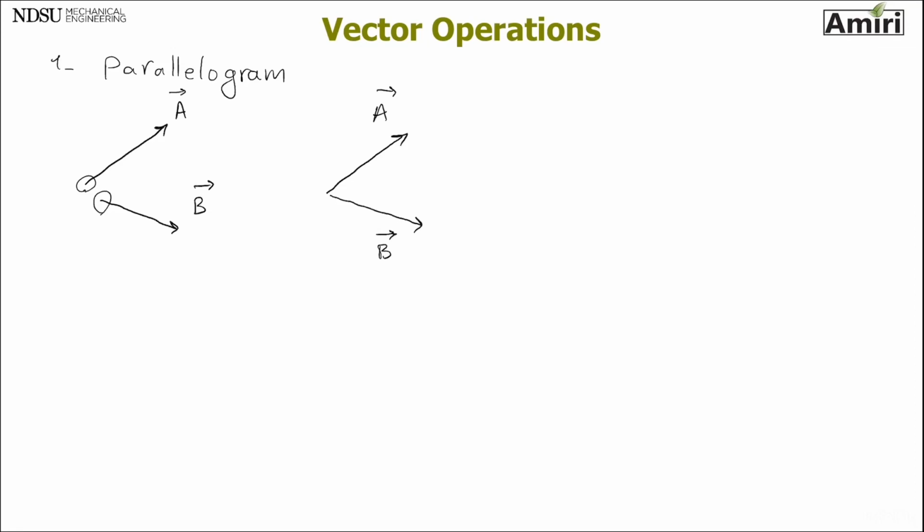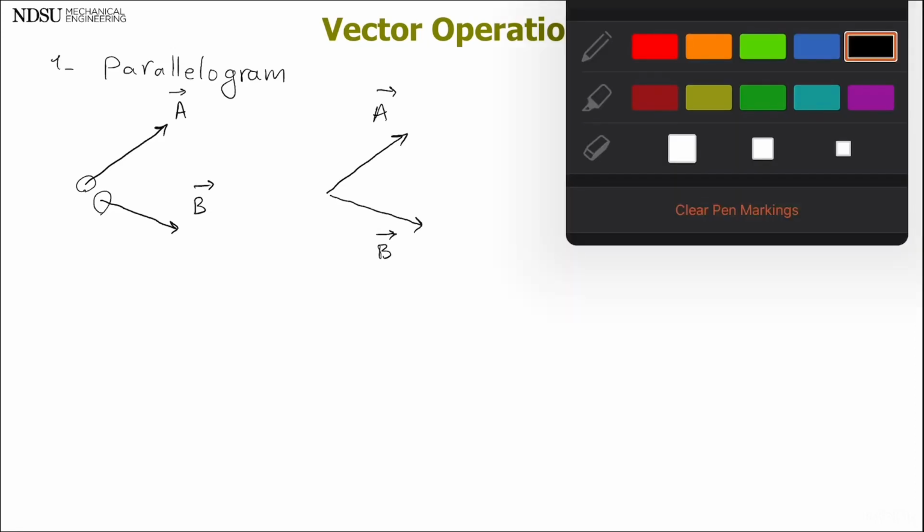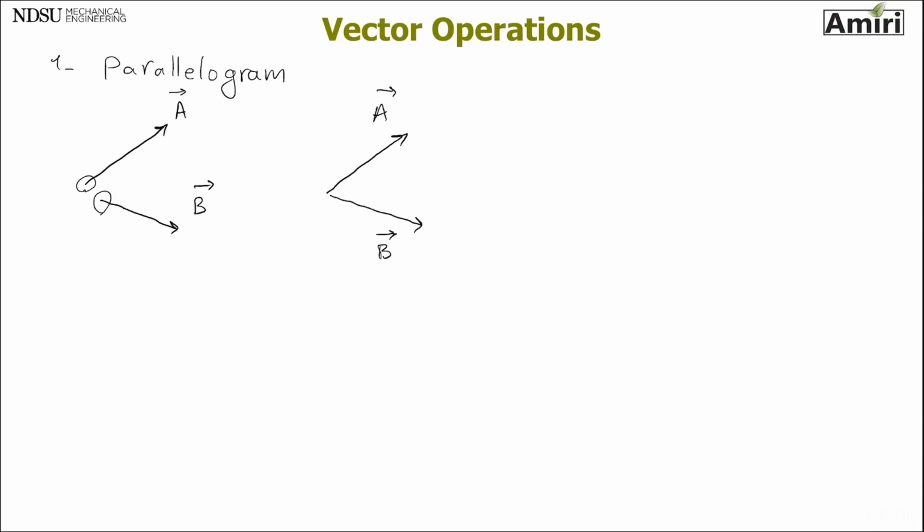And then, from the head of A, you draw parallel to B, or I should say parallel to the line of action of B. So this is parallel to the line of action of B.